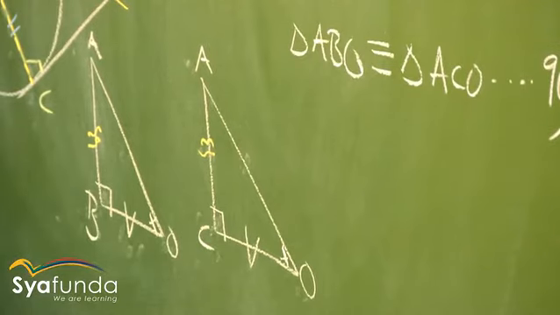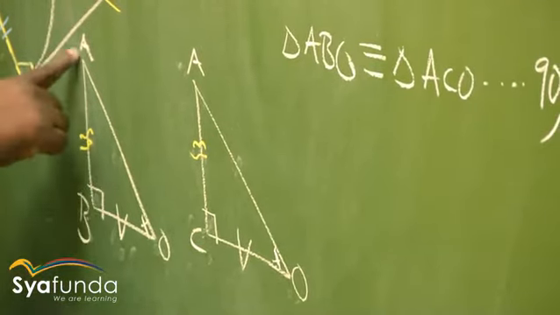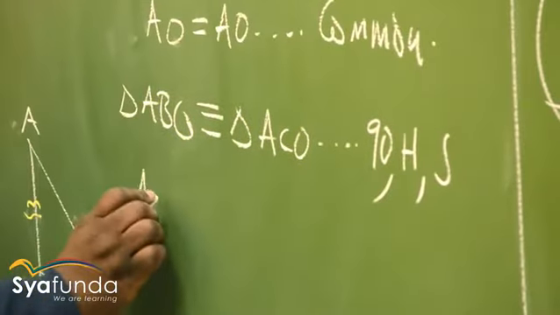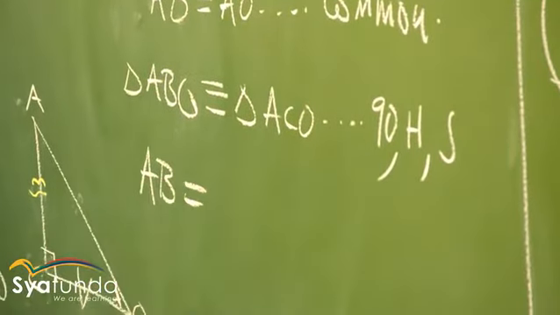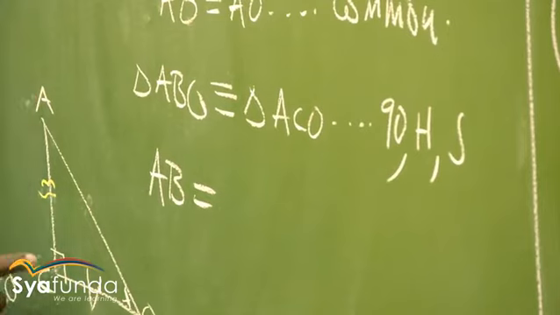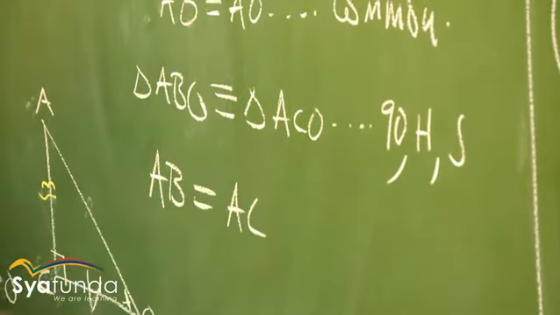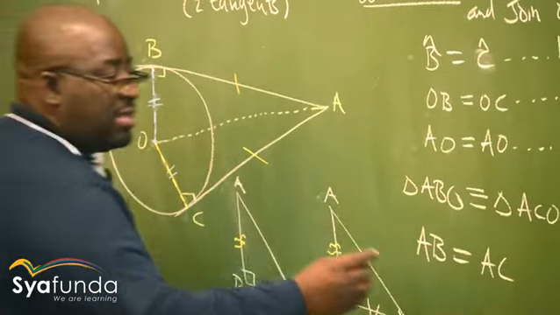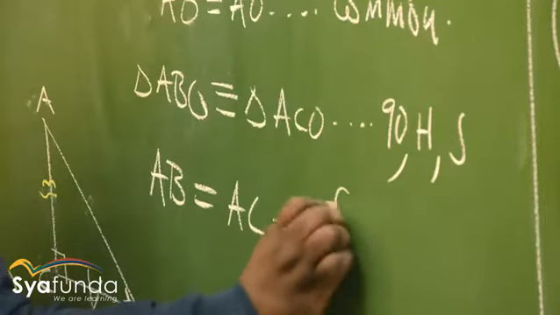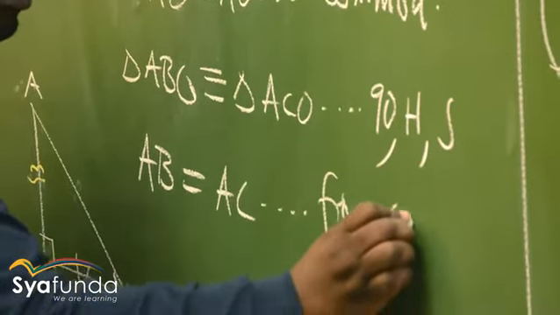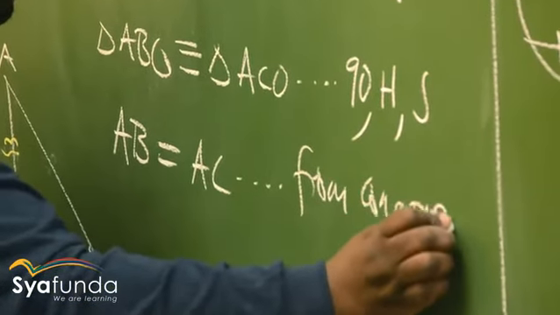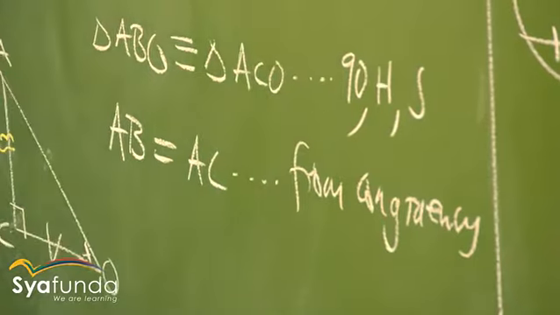Then we can say that AB, which is this side, must be equal to side AC. Why are we saying these two are the same? AB and AC are the same because we took it from the fact that the two triangles are congruent.